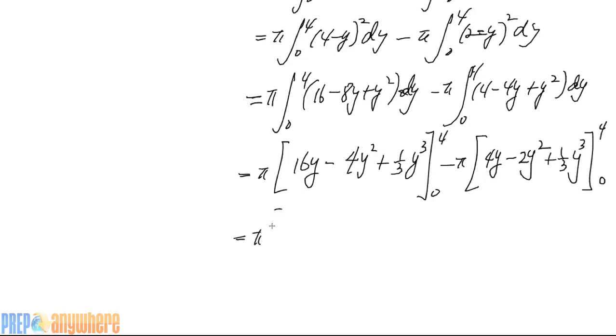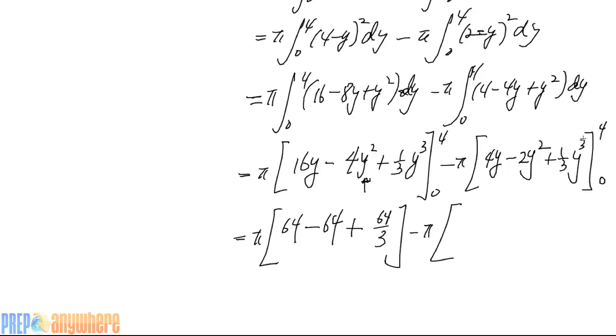So pi, let's plug in 4. It's 64 minus 64, if you put 4 in there to get 4 squared, plus 64 over 3. Plug in 0, everything will disappear, so that's fine. Here, let's plug in also 4. So it's 16 minus 16 times 2, so it's 32, plus 64 over 3.